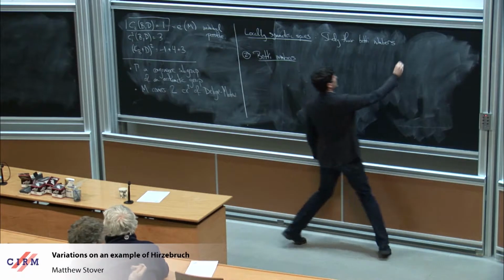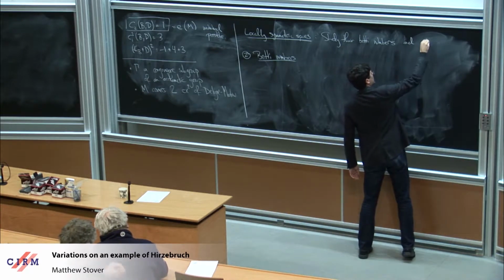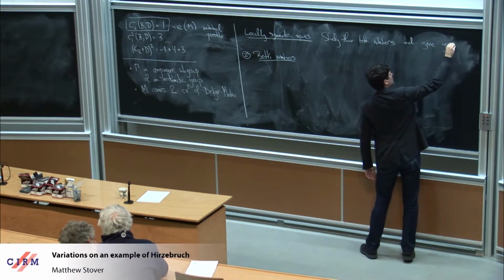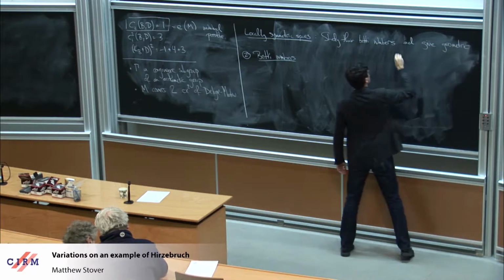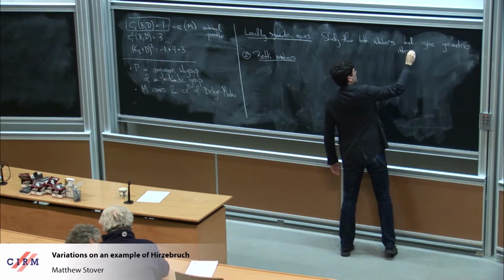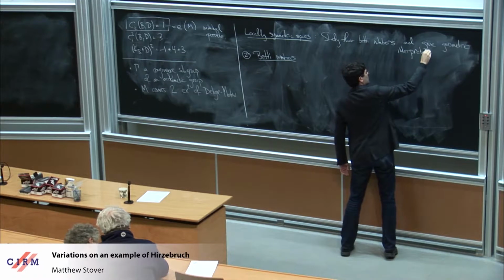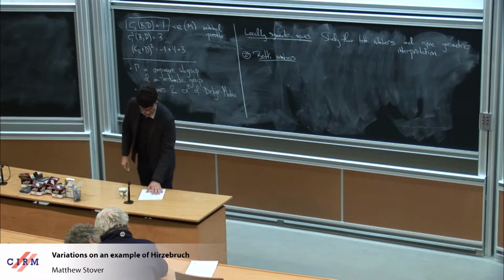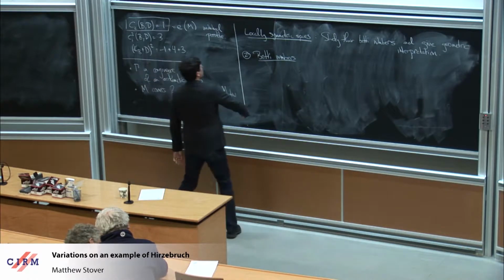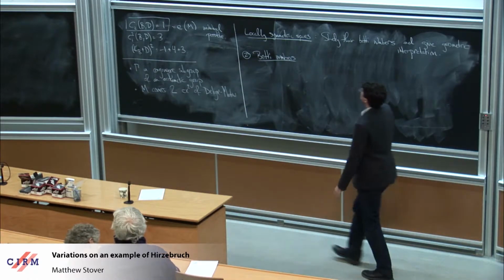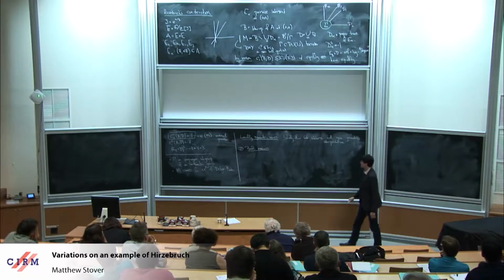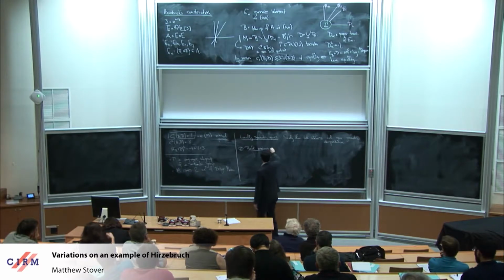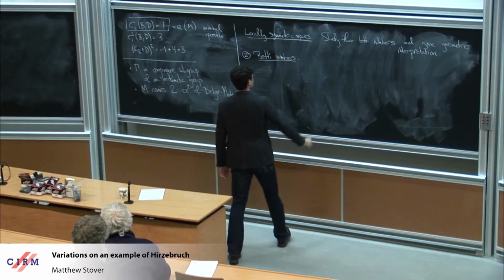In particular, and say give geometric interpretation. Whatever that means. Okay, so the first thing I want to do is I want to actually calculate the Betti numbers of M. And to do that, you need to know a little bit about the cusp structure.